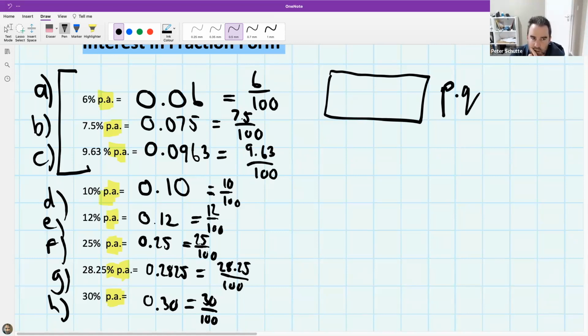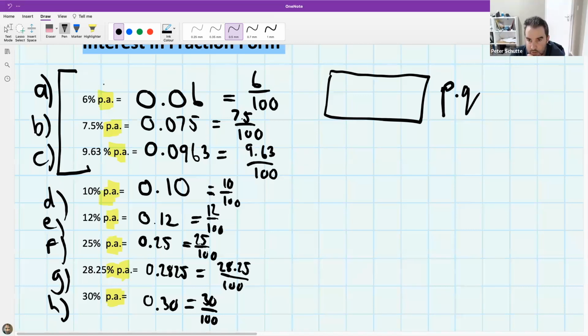So now what we're doing is we're changing it from per annum to PQ, or per quarter. So we had 6% per annum. What's it going to be for per quarter if we do a straight conversion here? So we take what we have here, 6, and how many quarters are there in a year?